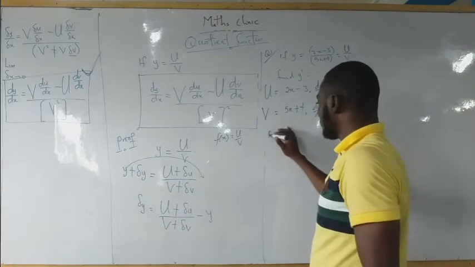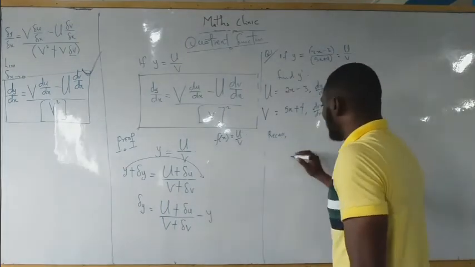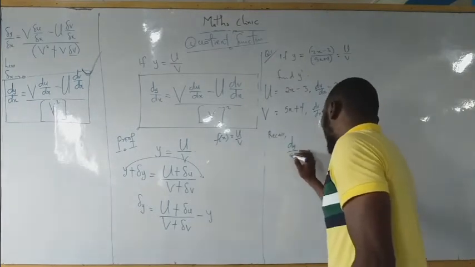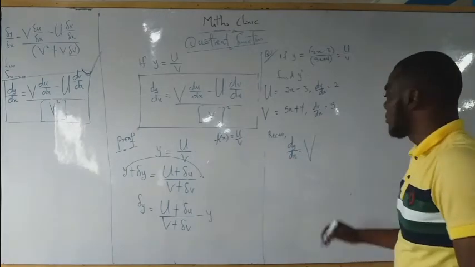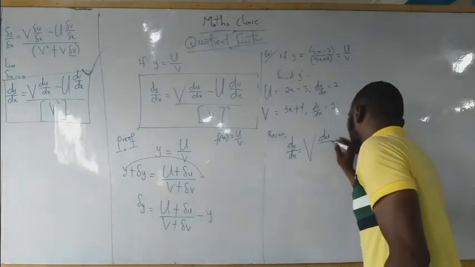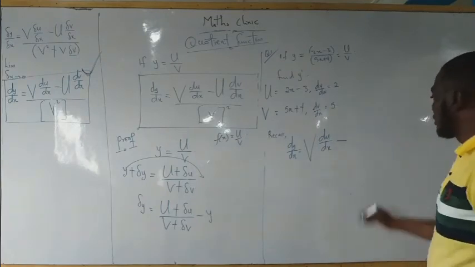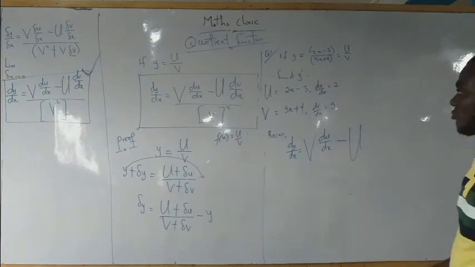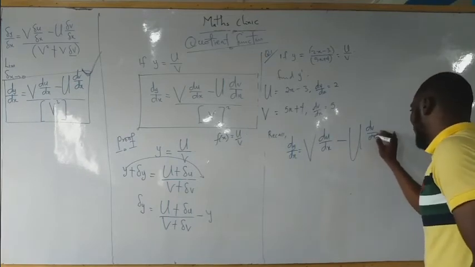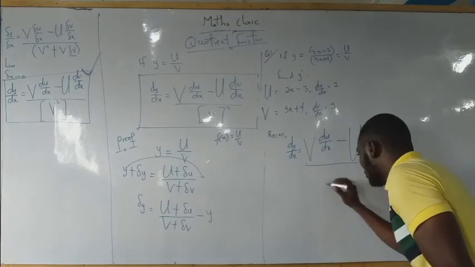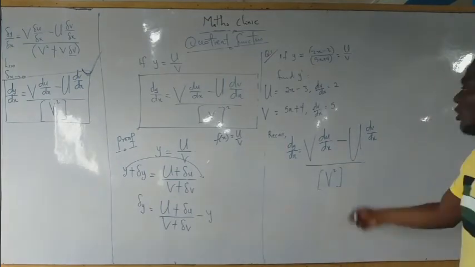So recall that dy upon dx equals bottom times the derivative of the top, minus top times the derivative of the bottom, everything over bottom square.